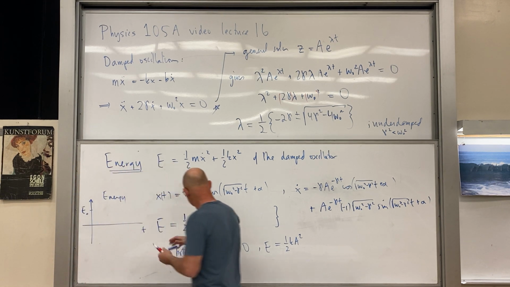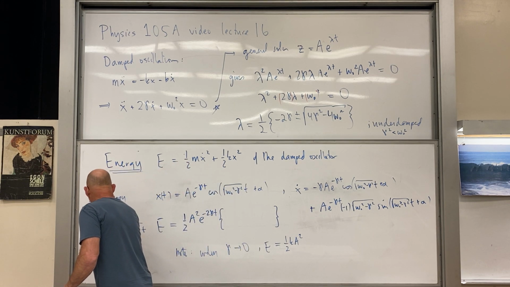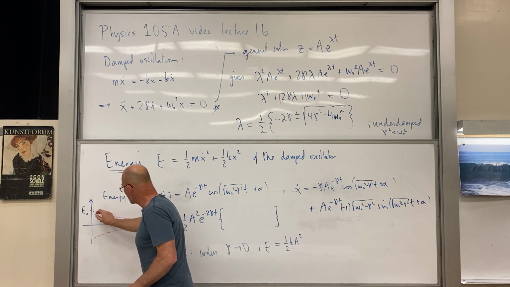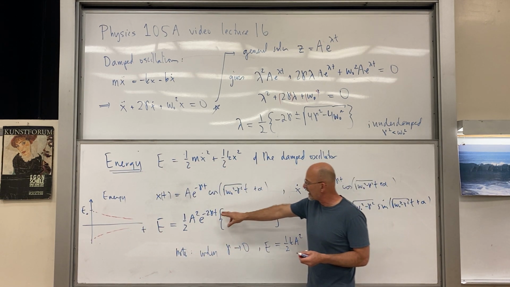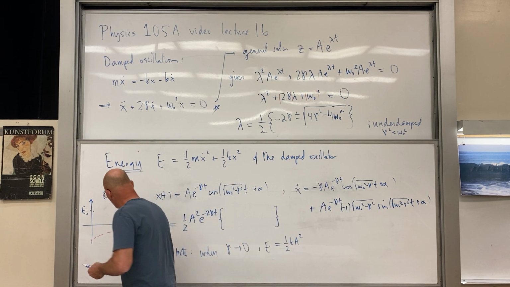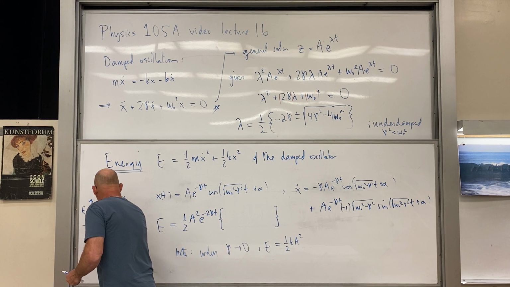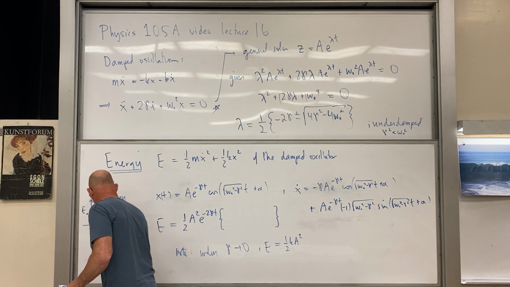Now since it has this exponential envelope, we can draw that. And something's going to be going on in between there. And depending upon the magnitude of gamma, it decays more or less fast. I should give it a little more form here. Okay. You get the idea.